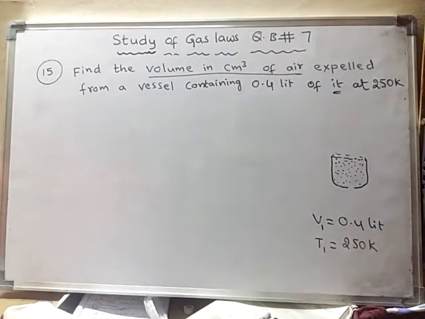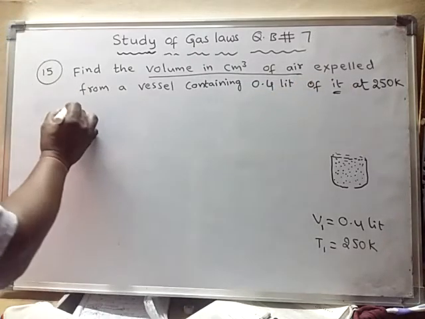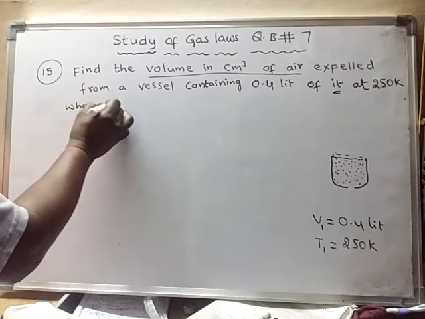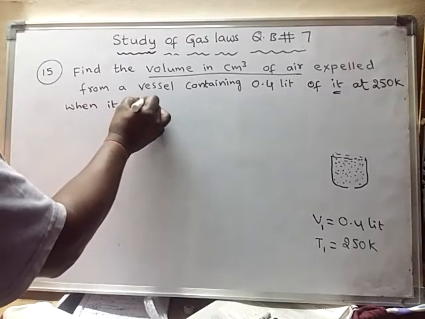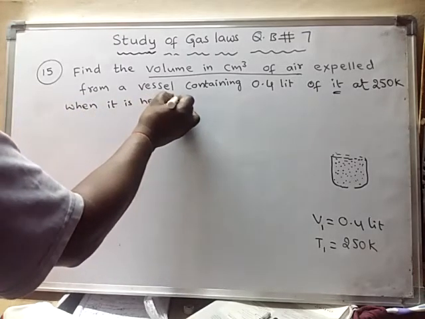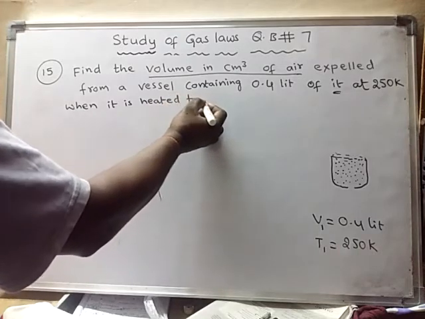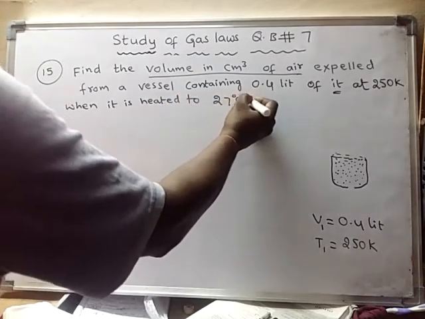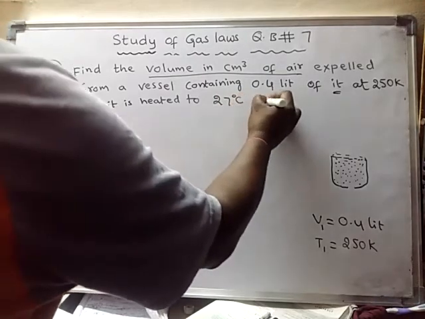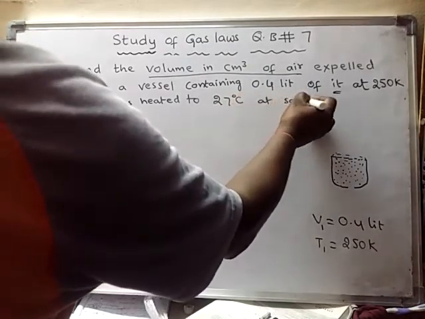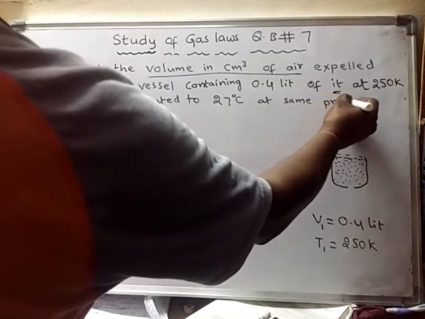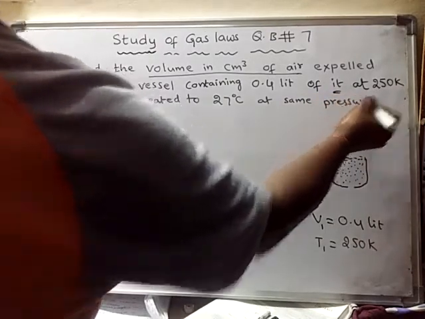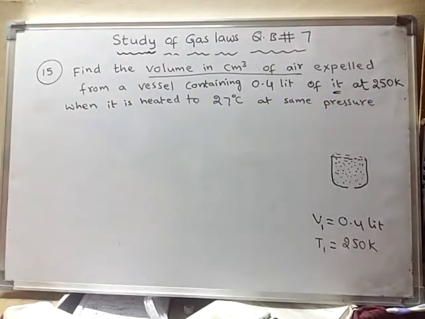Now the question is, when it is heated to 27 degrees centigrade at the same pressure, meaning the pressure remains constant and is not changed.